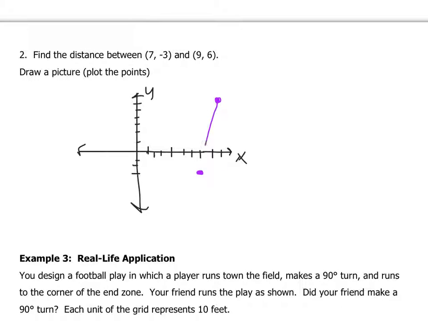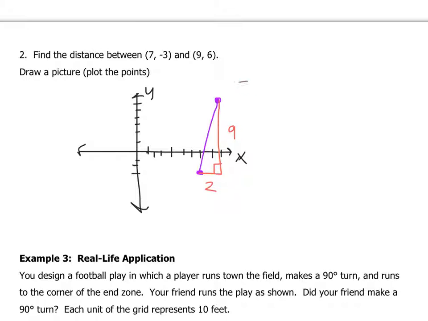If we want to find the distance between these points, let's turn it into a triangle. Drop that down, bring that over. There's your right angle. The distance here is 2, and the height is 9.